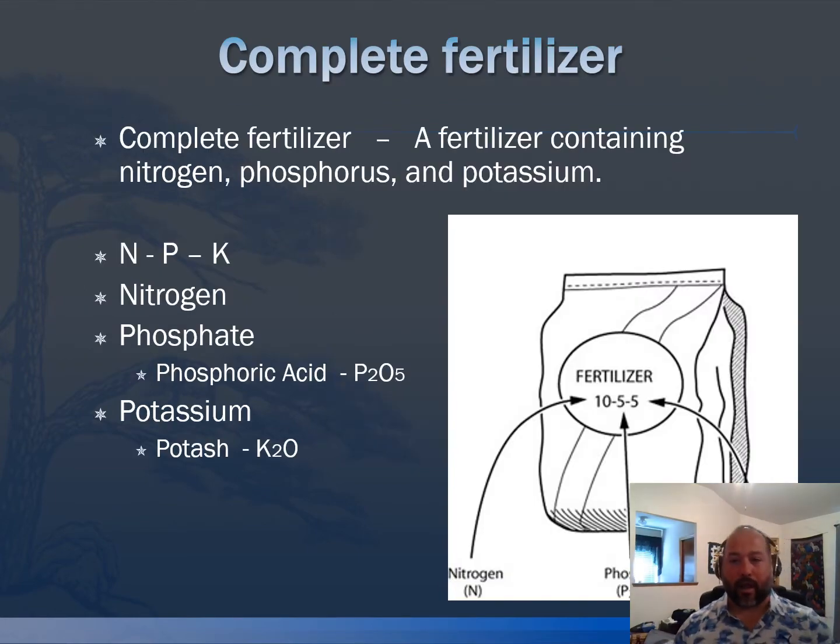So let's start with a complete fertilizer. A complete fertilizer is a fertilizer that contains nitrogen, phosphorus, and potassium. Like we said, those are our main macronutrients, and so we're really interested in making sure that the plant has those, because we know the plant needs them in large amounts, and so more than likely those are going to be our limiting factors.